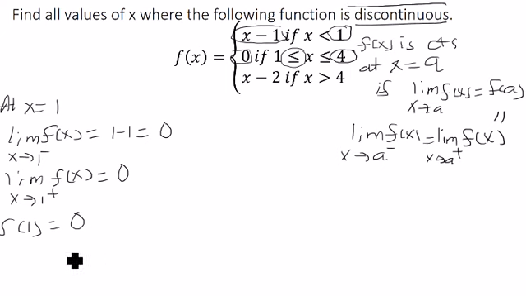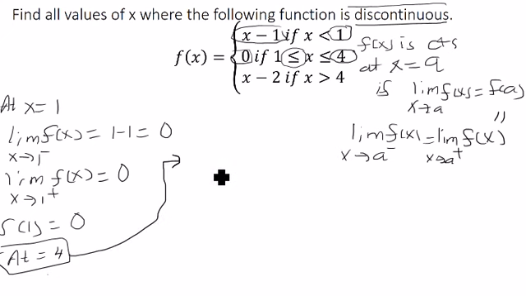So let's look at the second boundary, which is at x equals 4. At x equals 4, we have the left limit, the limit as x goes to 4 minus of f of x, which is going to be the second branch.